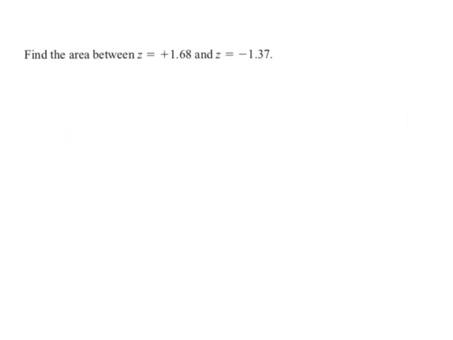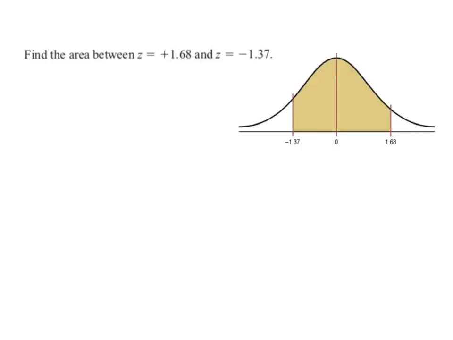Next. Okay, so when we find in between, we take the table E value for the bigger number and subtract the table E number for the smaller number. Again, here's what it looks like. If I just took this table E value, it would give me all of this to the left, including this white area.